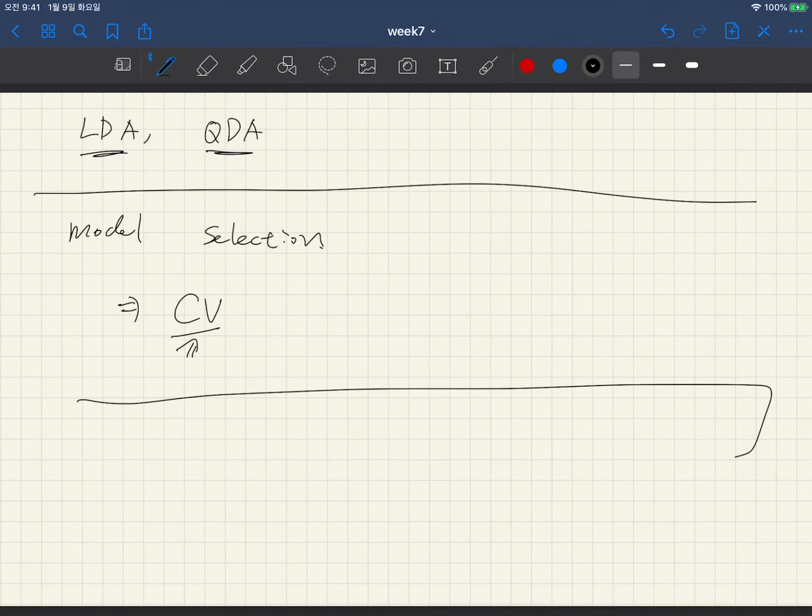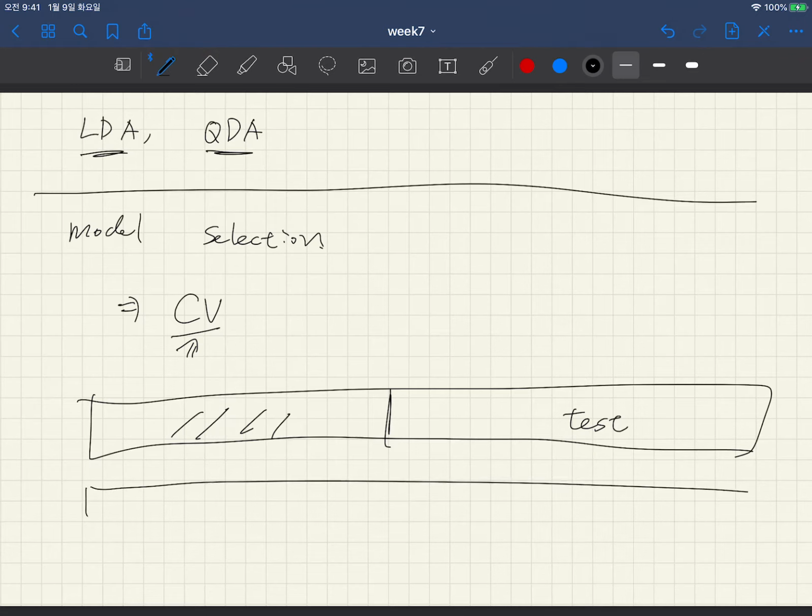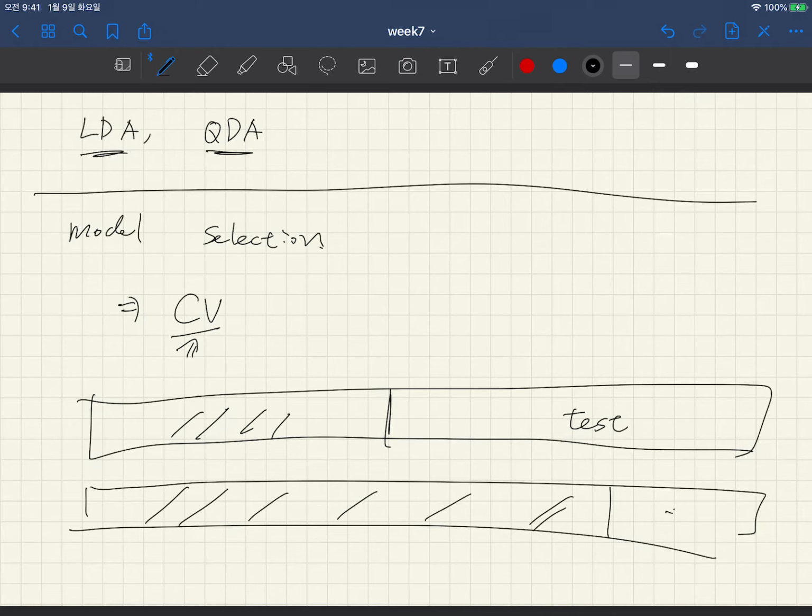When you have this amount of data, we usually split your entire data into training and test. In k-fold cross-validation, of course, we use more data for training and a very small part, 1 over k of your data points, for test.